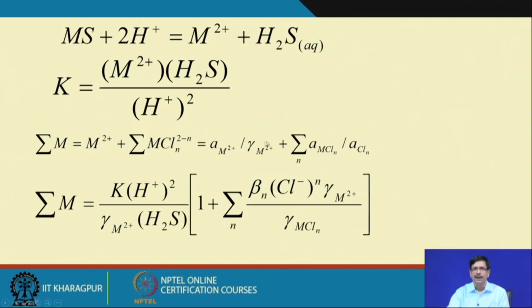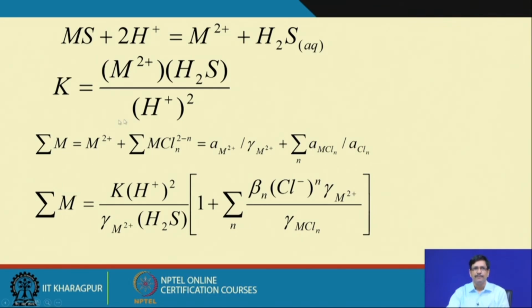So, here for the time being, you can ignore this activity coefficient term, because we are taking them to be ideal and taking the activity coefficient as 1. So, this becomes the total solubility, the activity of the metal ion plus all the activities of the chloride complexes, or in terms of their concentration.